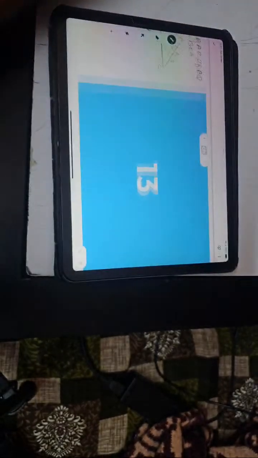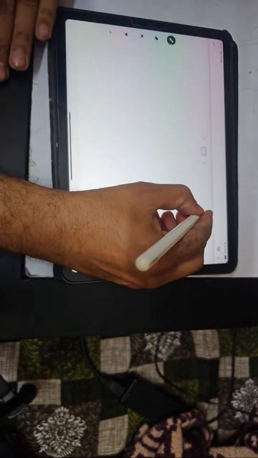Now, next sum is also from a similar diagram which was there before. See, it is like this given.